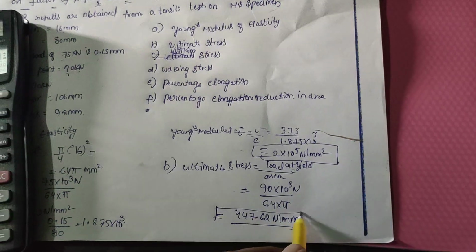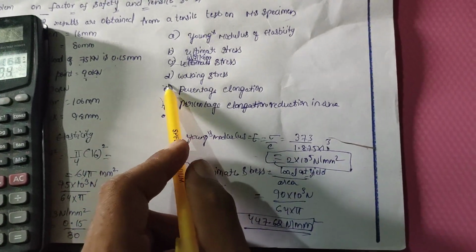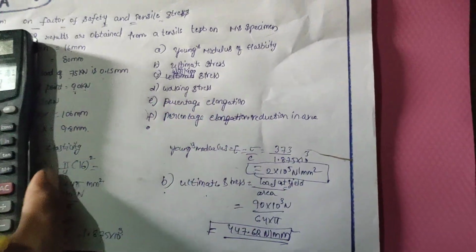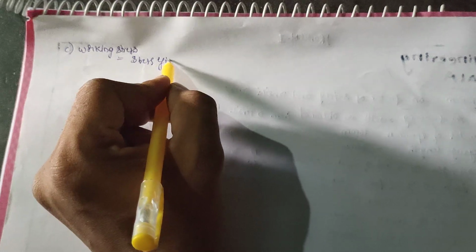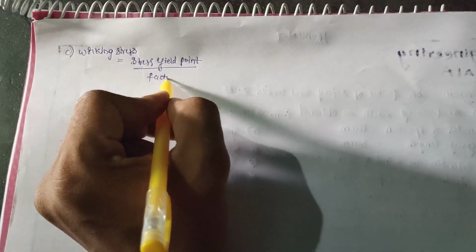So we complete the ultimate stress, and third one is working stress. Working stress is known as stress at yield point by factor of safety.